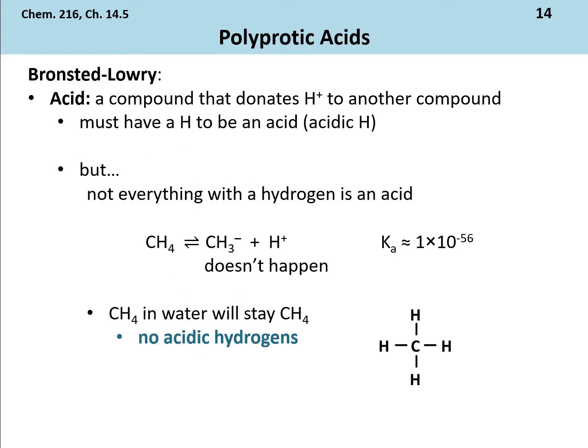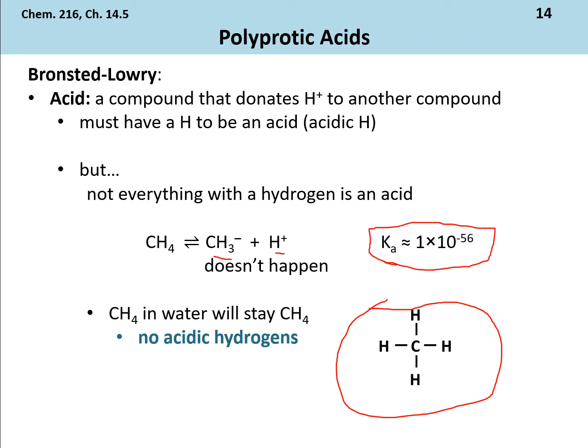Not every hydrogen is acidic. So for instance, CH4. If I put it in water, none of these hydrogens go away. I don't form CH3 minus and H plus. They actually figured out the Ka for it. The Ka for this is 1 times 10 to the minus 56.